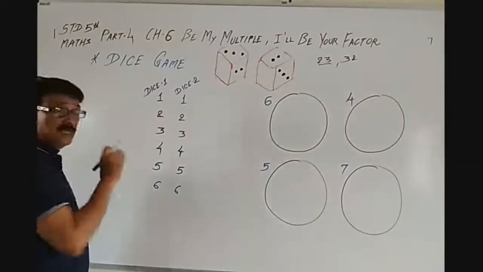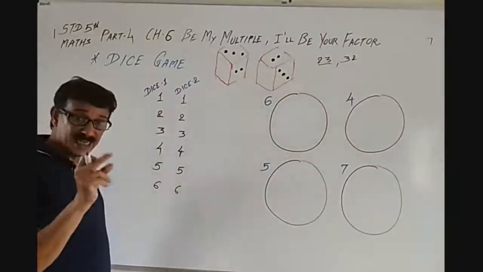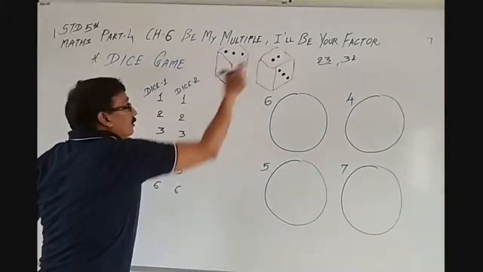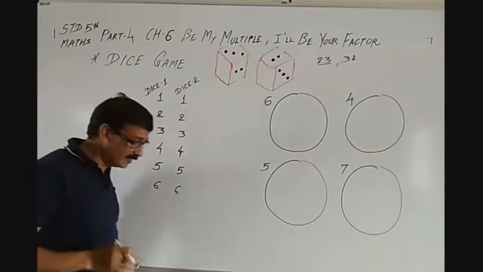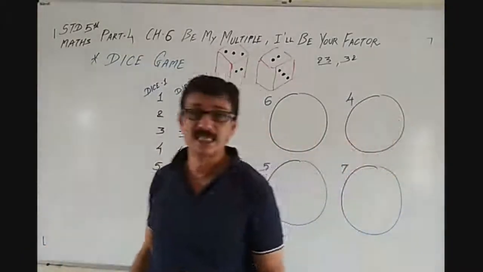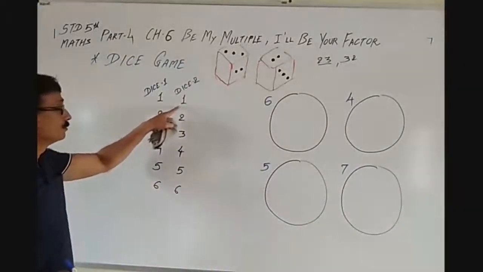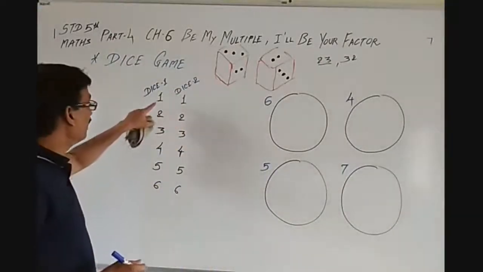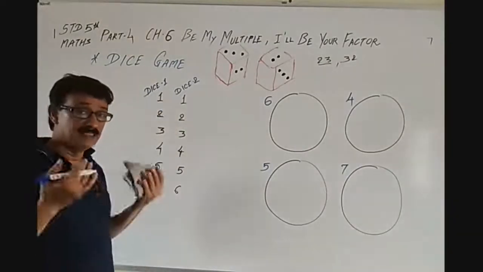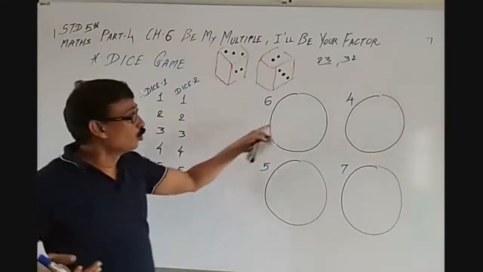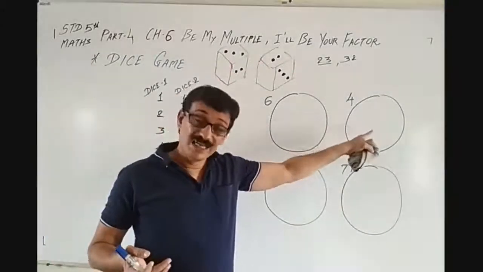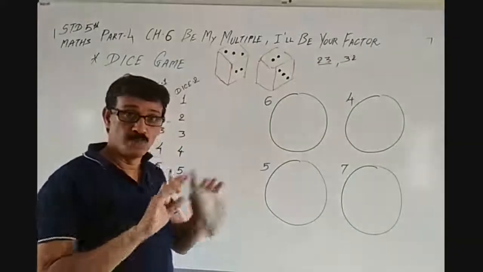If there is 1 and 1 on the face, then what will be the number? 1 and 1 will be 11. 11 is a prime number, and it will not be a multiple of any of these numbers. So 11 will not work.